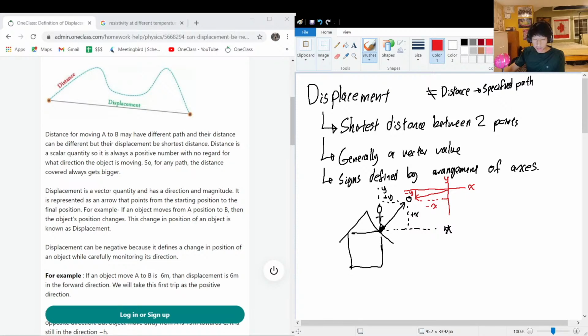A lot of the time, to calculate the displacement vector, displacement is often written with r, sometimes with d. Let's say in 3 dimensions we're going to have a dx in the i direction plus dy in the j direction plus dz in the k direction.